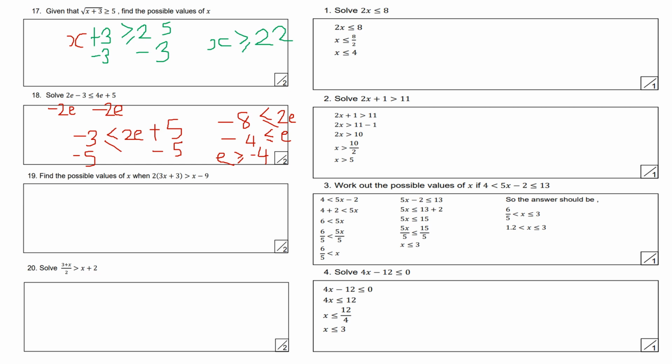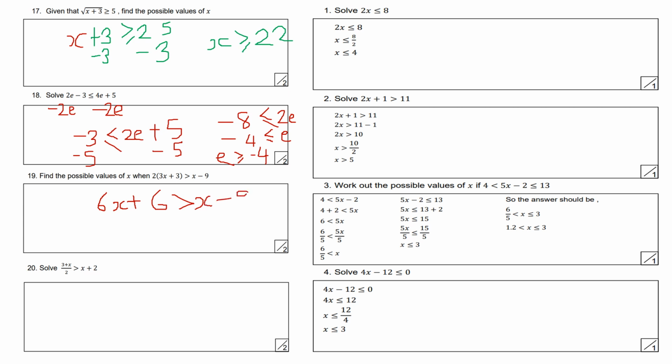Okay, this one here, find the possible values of x when 2 brackets 3x plus 3 is greater than x minus 9. So expanding this bracket, I'm going to have 6x plus 6 is greater than x minus 9.